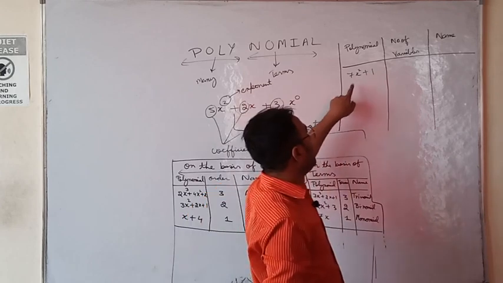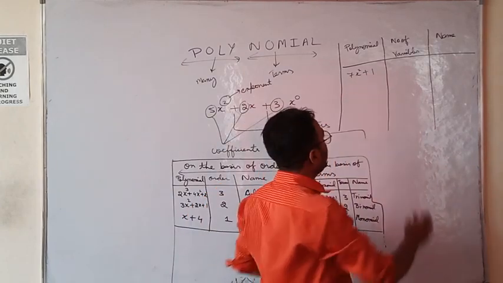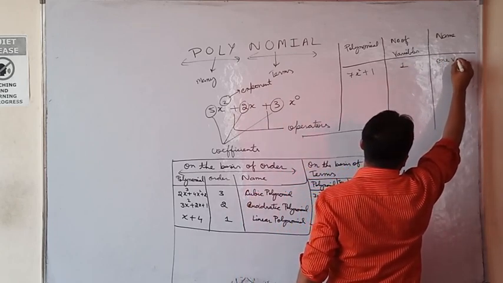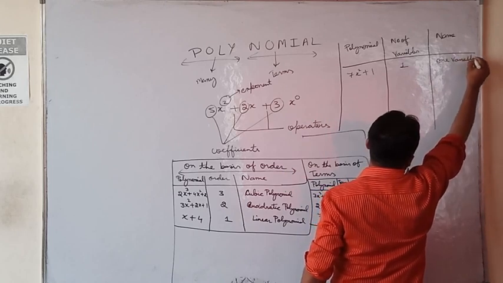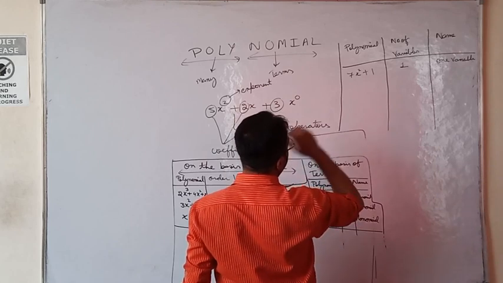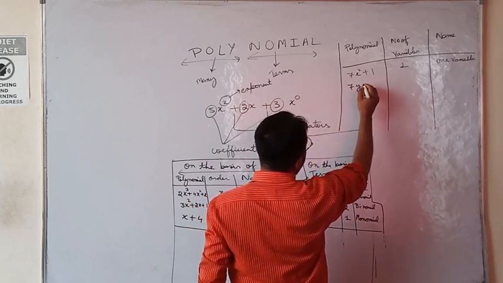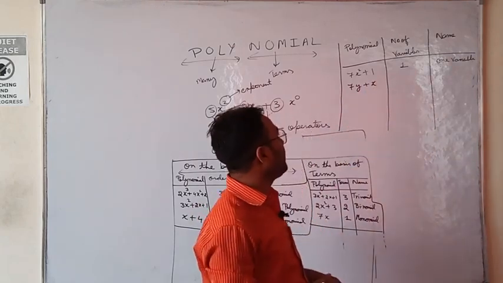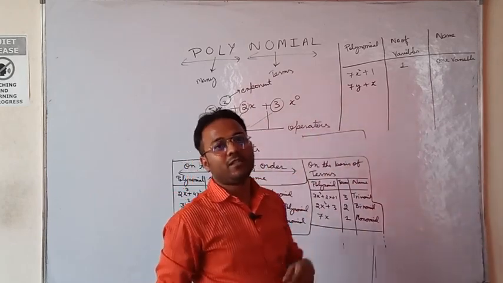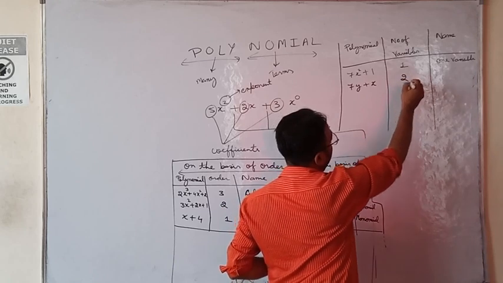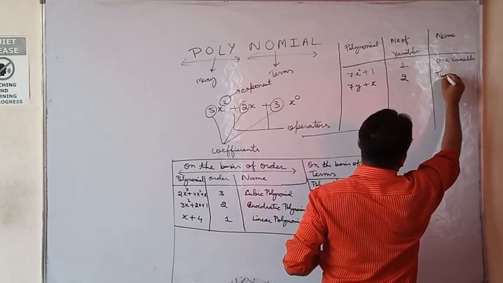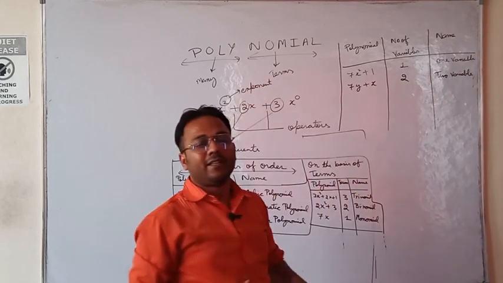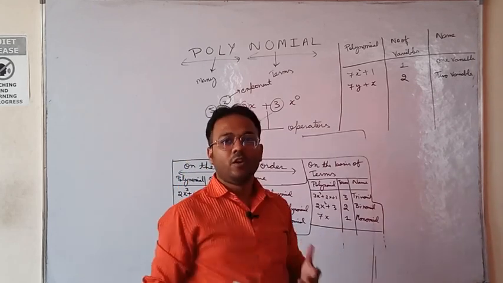We have only one variable used here in this polynomial. So the number of variables is 1 and the name is one variable polynomial. Another example is 7y plus x. The variables used here are y and x, that means a total of two variables are used. So the name will be two variable polynomial. Like this, we can do the naming of the polynomial.